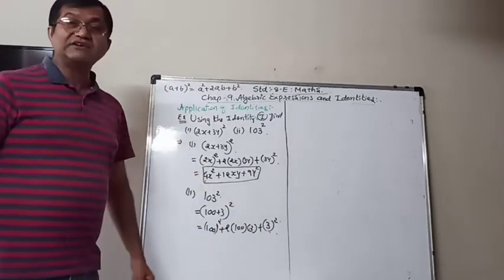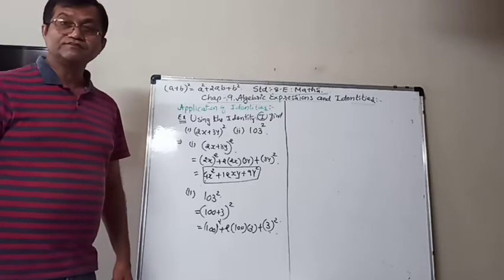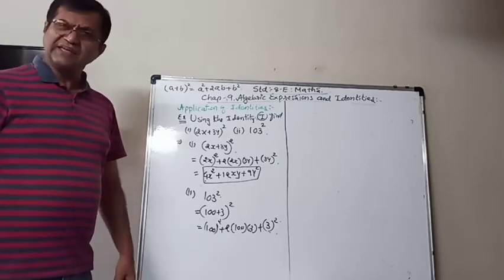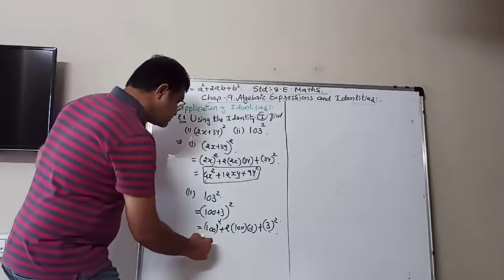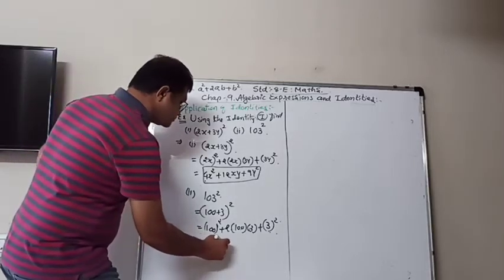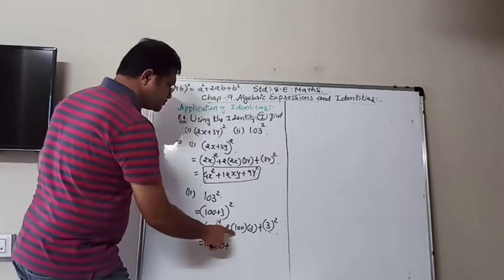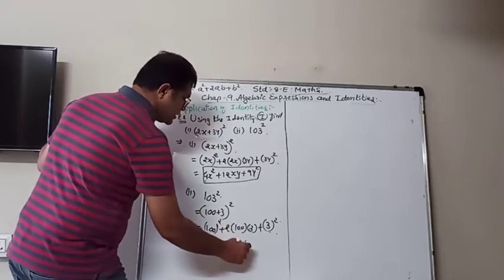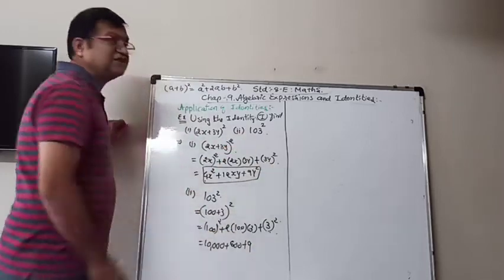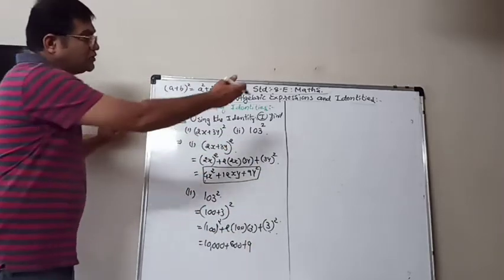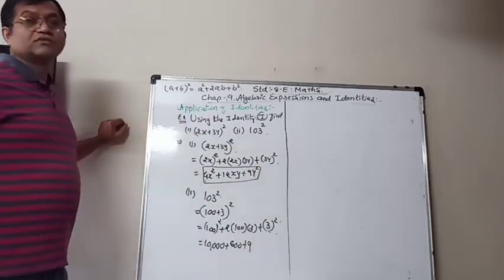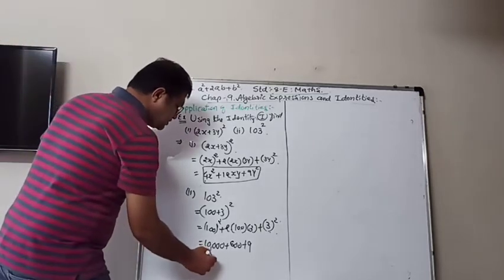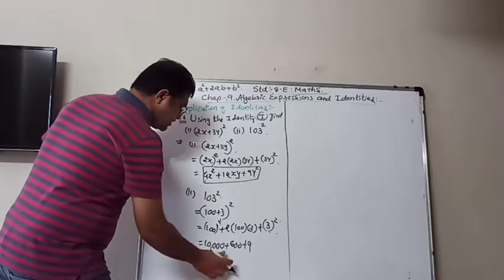Now what is 100 square? 100 multiplied by 100 is 10,000. Plus 2 threes are 6, into 100 is 600, plus 9. So it is very easy now. Without doing the long multiplication, you can easily find the answer, so it is 10,609.